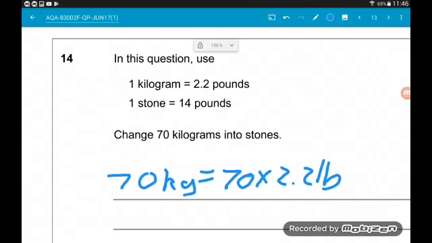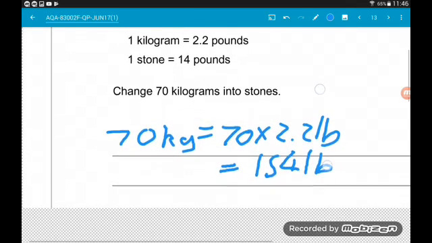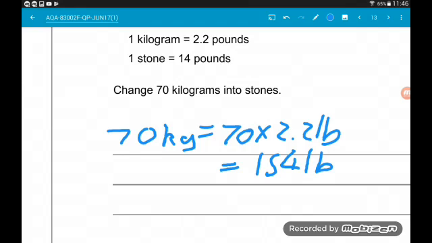So 70 times 2.2 is going to give us 154 pounds. Then we know every 14 pounds is 1 stone, so to turn that into stones we do 154 divided by 14, which is 11. So our answer is 11 stones.